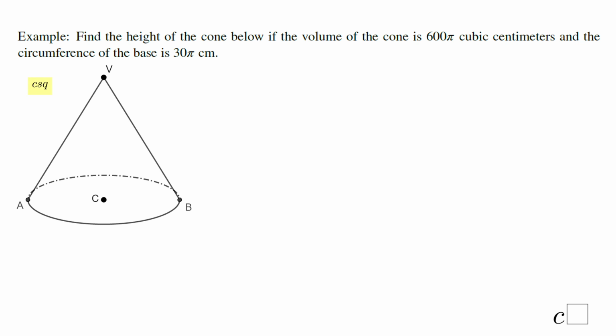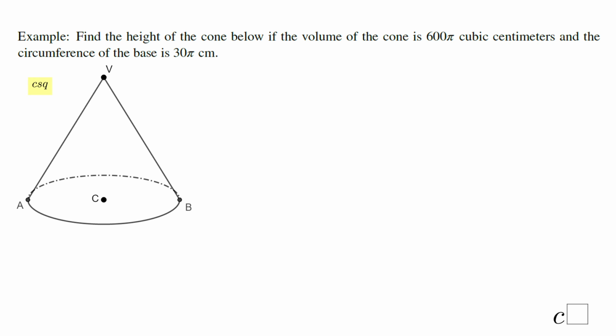A very similar problem, we need to find the height of the cone below, if the volume is 600 pi cubic centimeter and the circumference of the base is 30 pi centimeter.